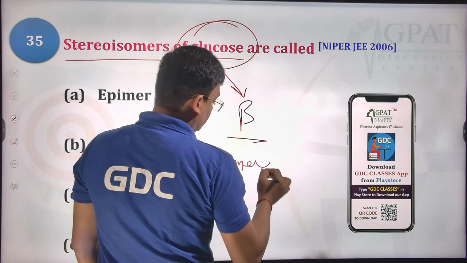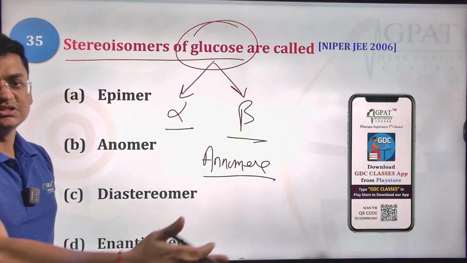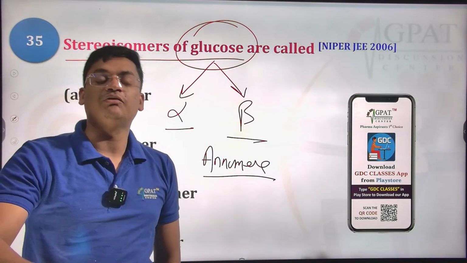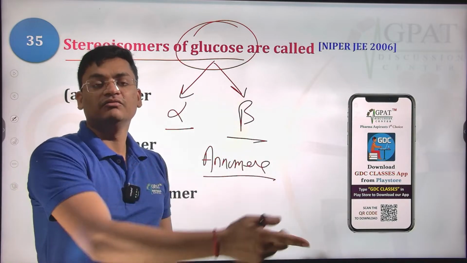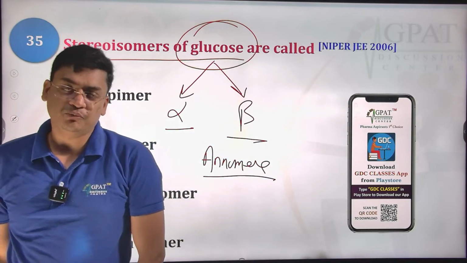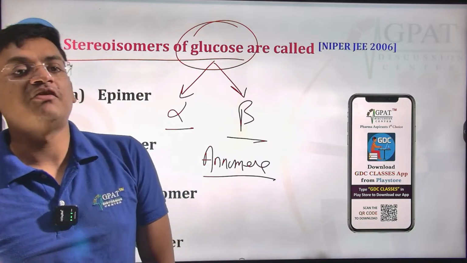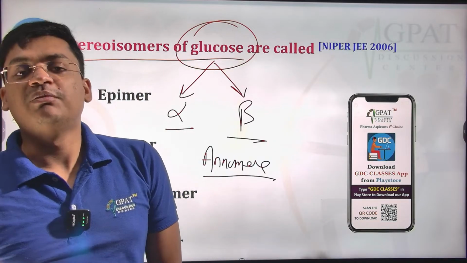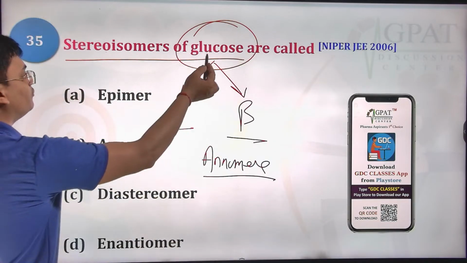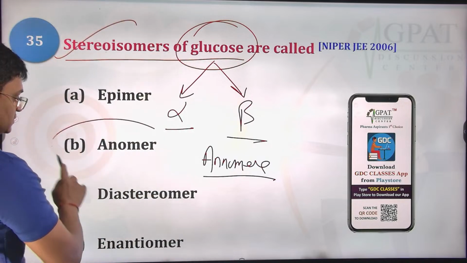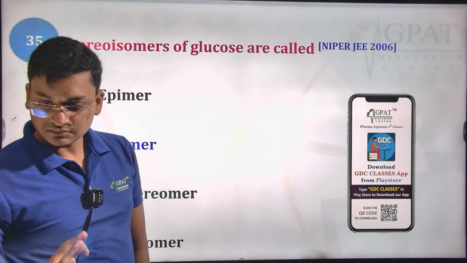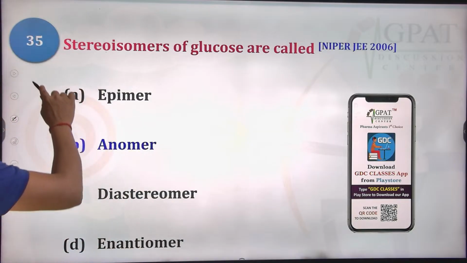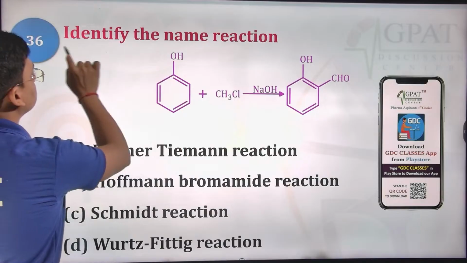We have just seen that if the OH group after the oxygen is on the downward side, that will be the alpha anomer form of glucose, while when the OH is on the upward direction of the carbon just after the oxygen, that will be the beta form. The stereoisomers of glucose are known as anomers. So yes, B is the correct answer.